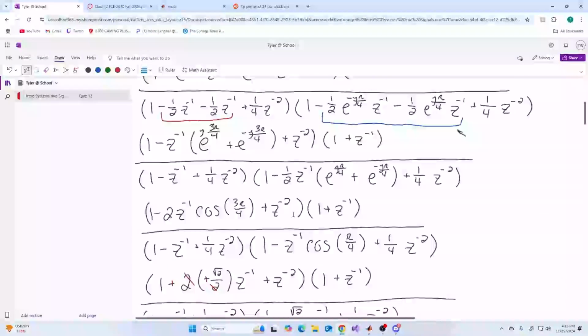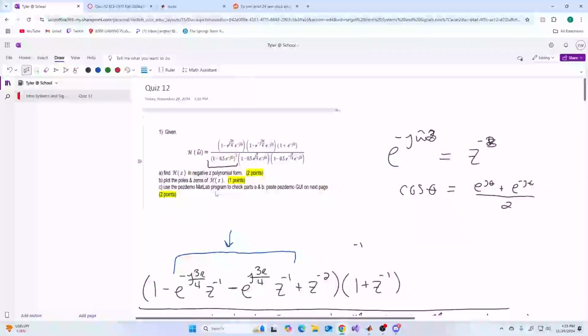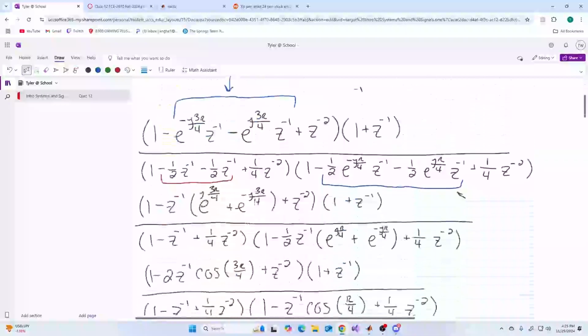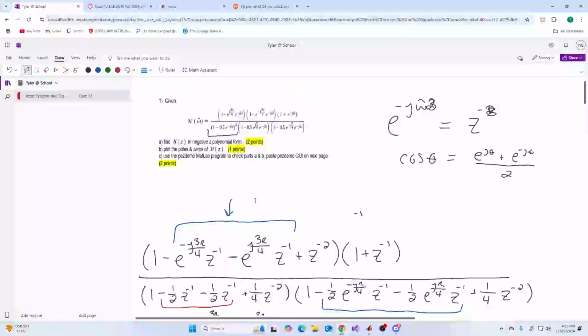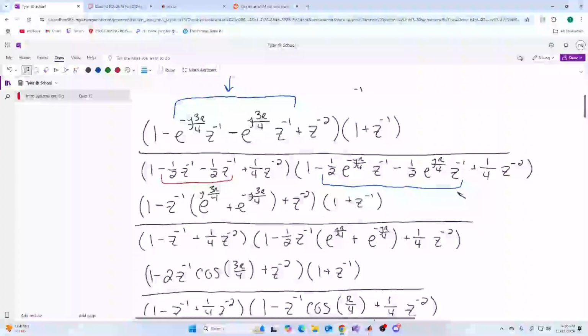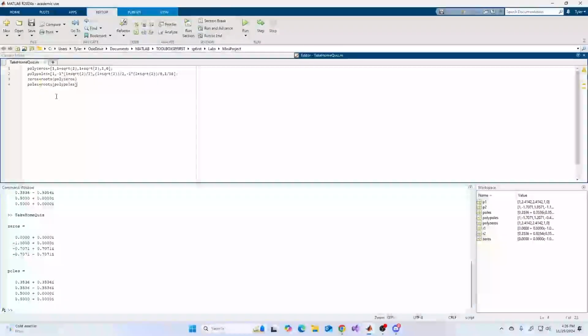Question 3 says, using the PES demo MATLAB program, check parts A and B, paste PES demo GUI on the next page. For this, I'm just going to do this. Alright, I'm going to put semicolons, and I'm going to use PES.